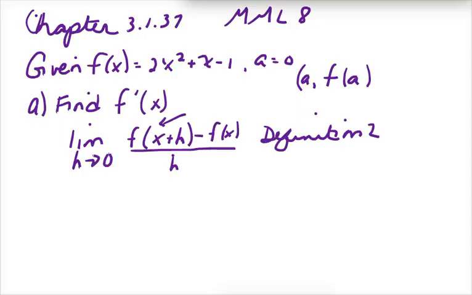So we're going to substitute in f of x plus h over here, and then carry the function forward over here. So let's do that. Wherever there's an x, I'm going to substitute in x plus h.